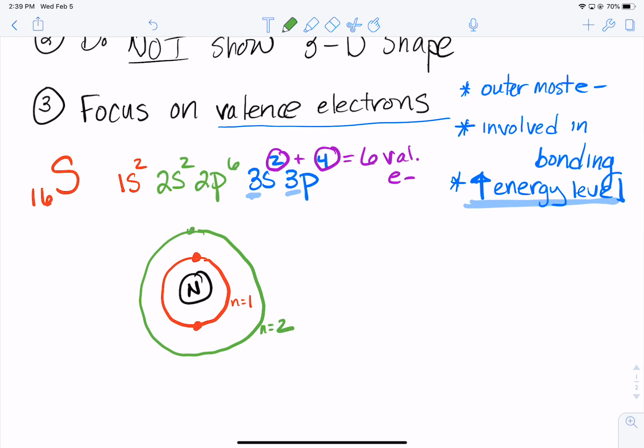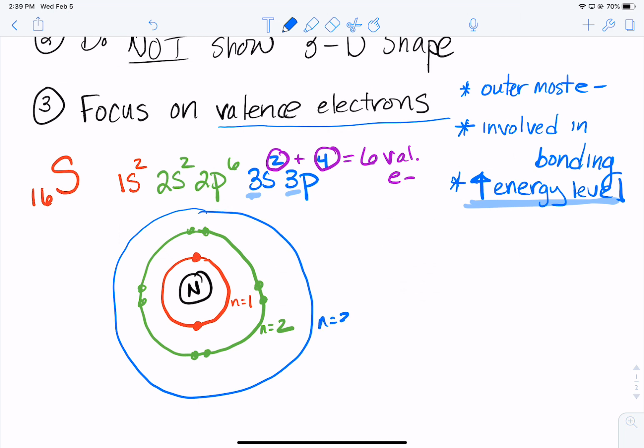We got 1, 2, 3, 4, 5, 6, 7, 8. And then in the highest energy level for sulfur, which we're going to make blue, how many are in n equals 3? 6. 2 plus 4. We've got 6. So we've got 1, 2, 3, 4, 5, 6.